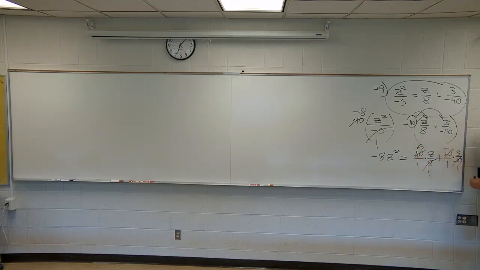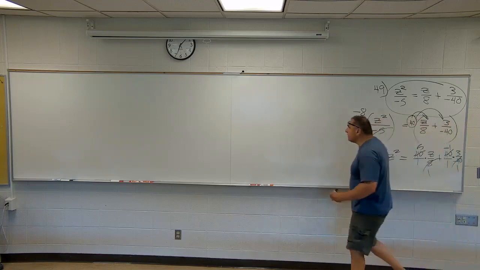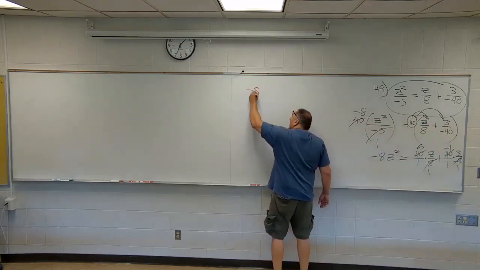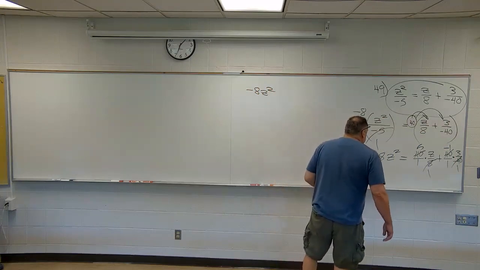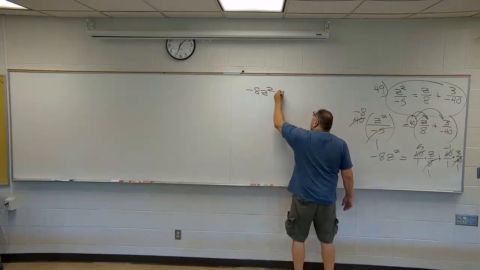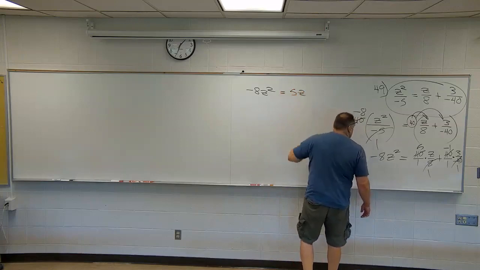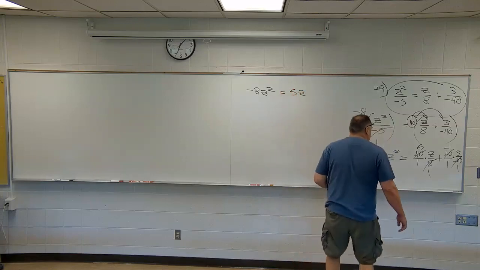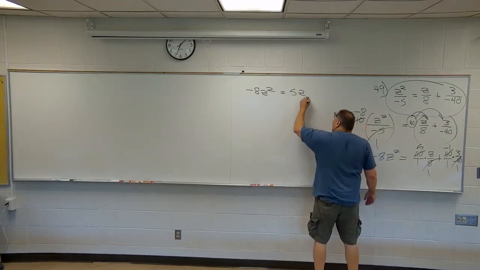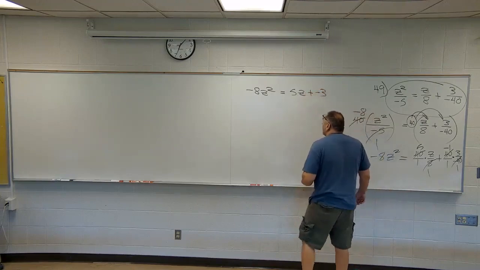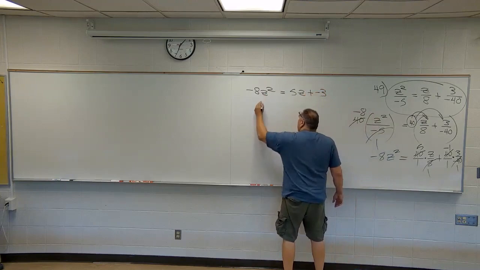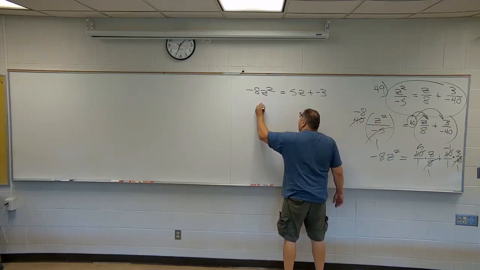You got negative 1 right here. Negative 8 z squared equals 5z. Negative 1 times 3 is negative 3. Add a positive 8z squared on each side.